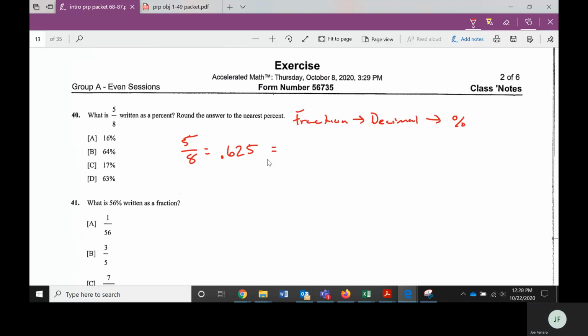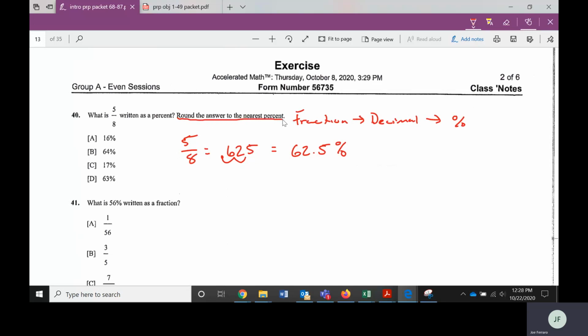Then we go decimal to percent. Remember, we talked about this before. The percent is a bigger version of the decimal, and it's always by 2 spots. So we go 1, 2. So the exact answer here is 62.5%. Now that's not over here. Well, read the whole problem.